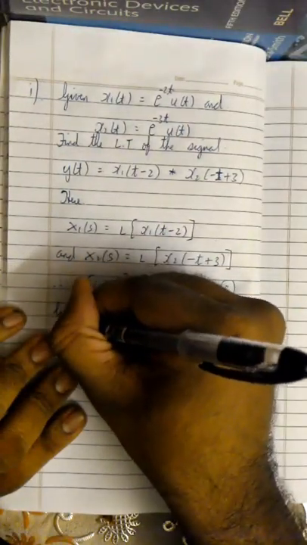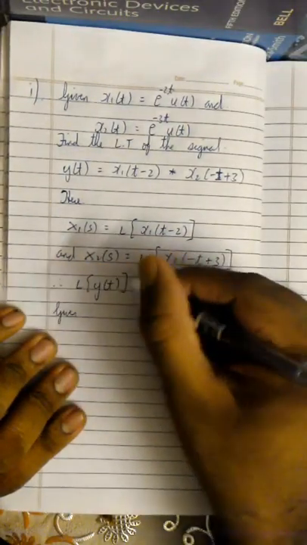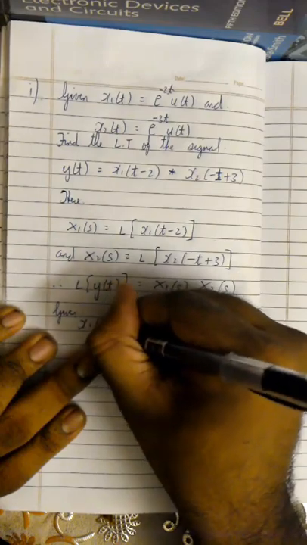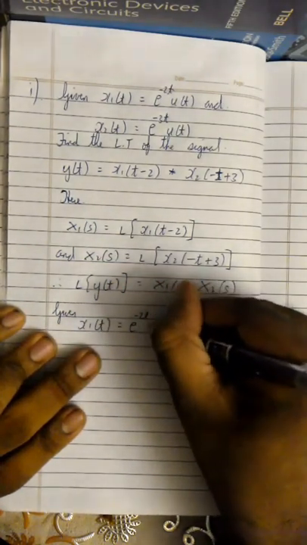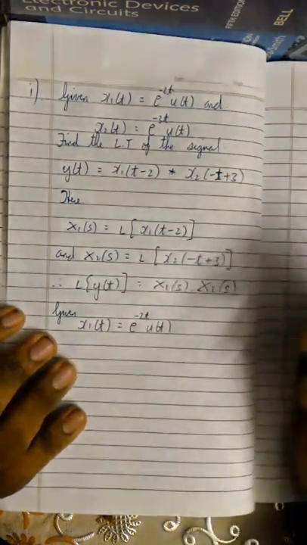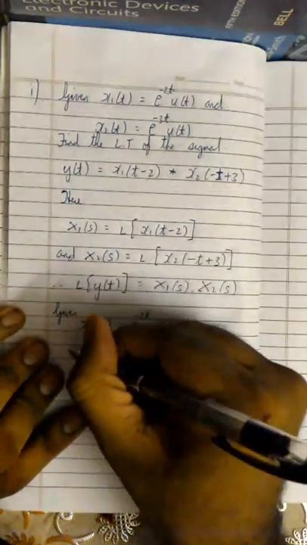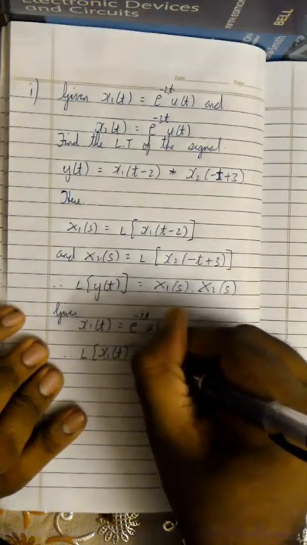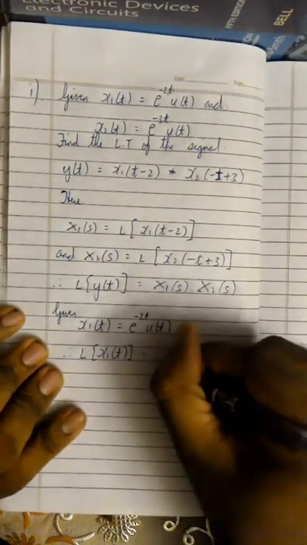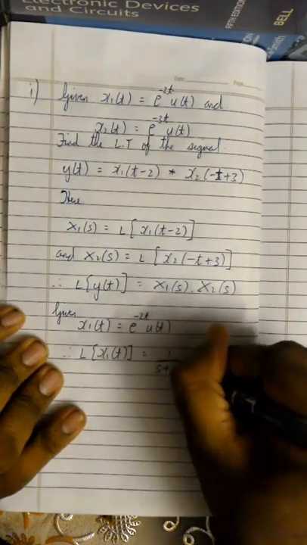So, given x1(t) is equal to e raised to minus 2t u(t), the Laplace transform of x1(t) is equal to 1 by s plus 2.